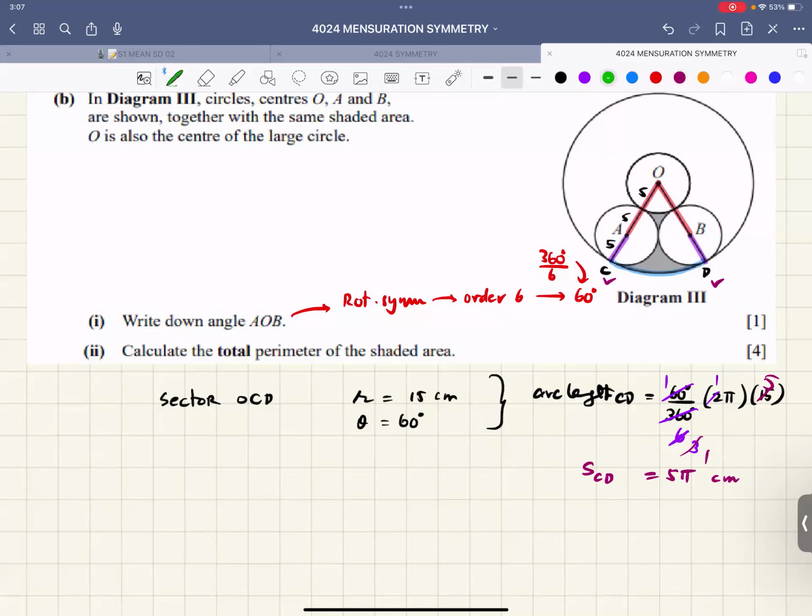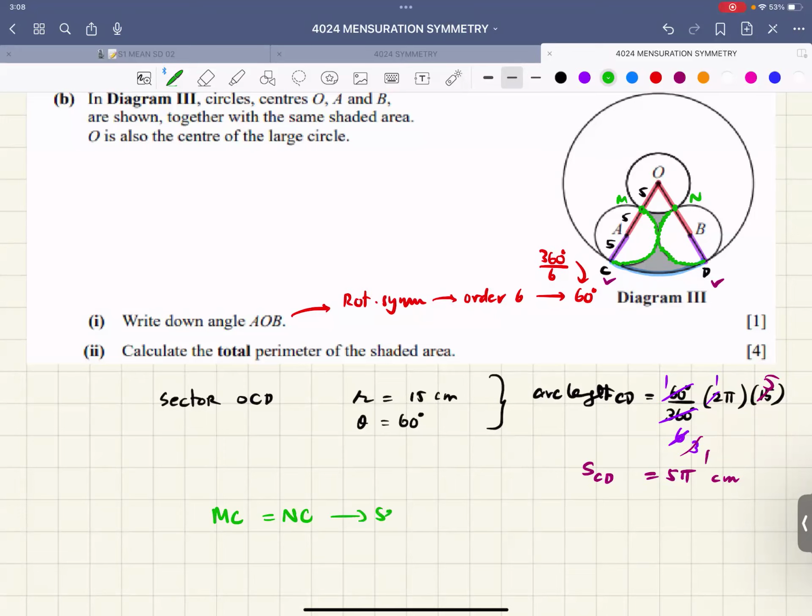Now, if I talk about the total perimeter, that should also include this thing. That is also part of the shaded region. Let me call this M and let me call this N. So MC and NC is the same.